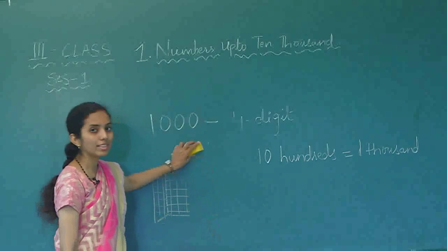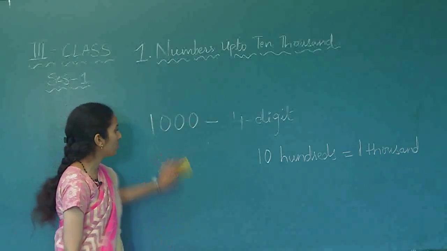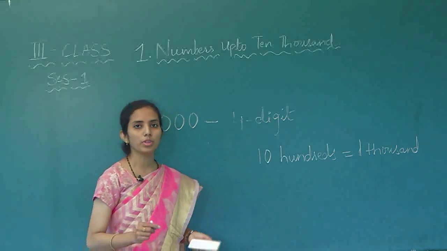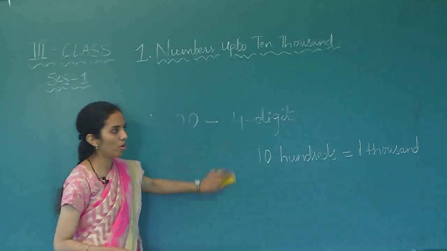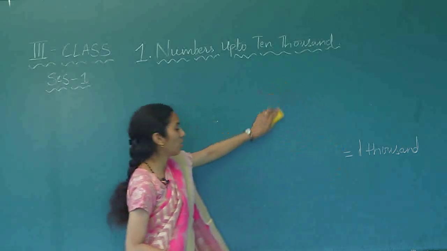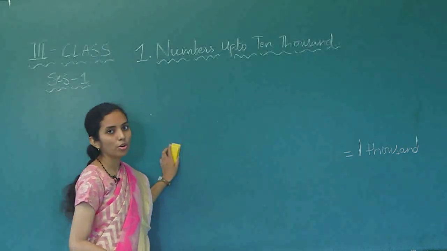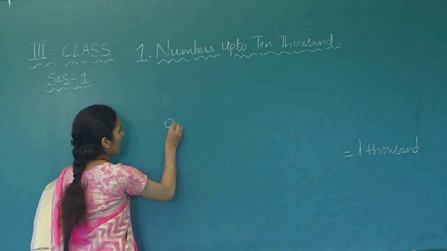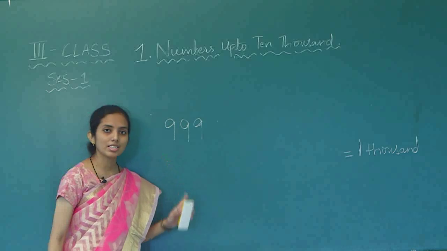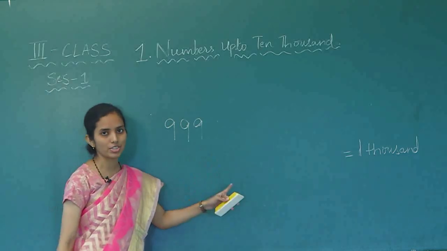So how do we get 1000? Any new number is formed by adding 1 to the existing number. Yes or no? This you know already. So how did we get 1000? We got 1000 by adding 1 to 999, which is the largest and the last 3-digit number.